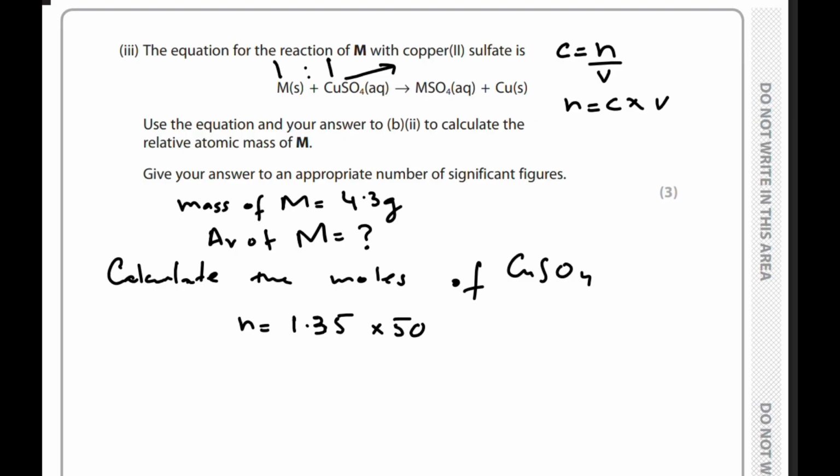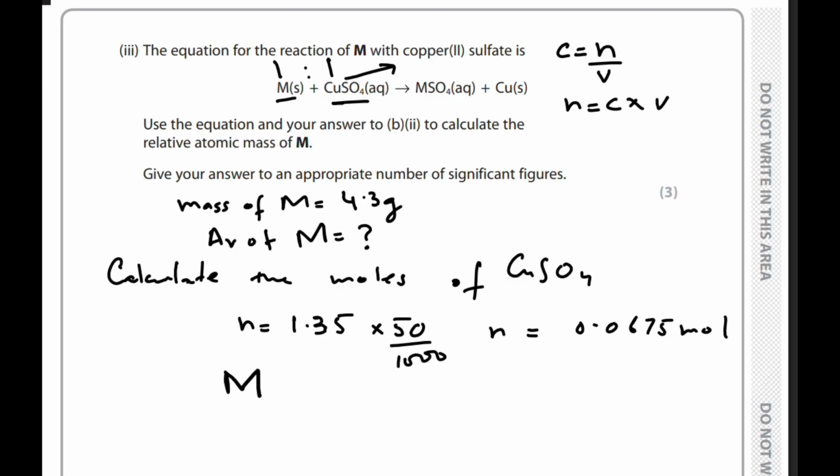So we need to change the volume into dm³. So we will divide the volume by 1000. So the number of moles of copper sulfate is 0.0675 moles, and the moles of metal and the moles of copper sulfate are equal. So the metal also has the same moles.